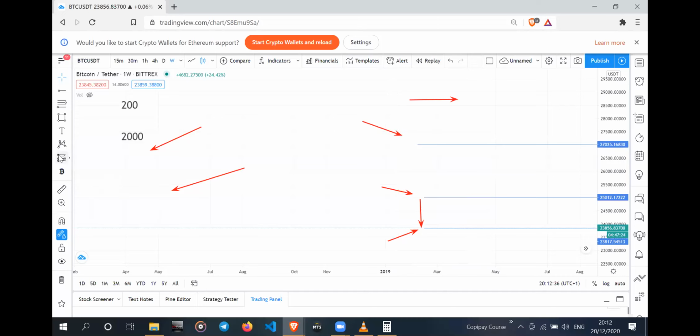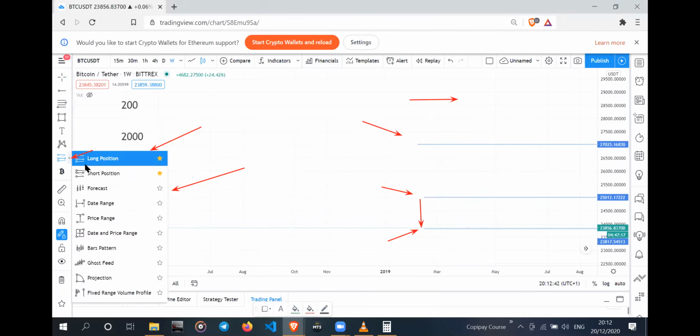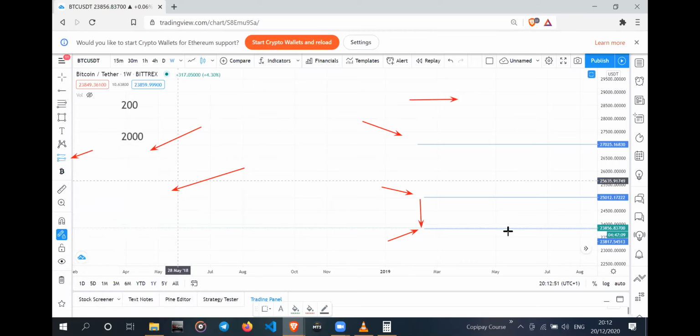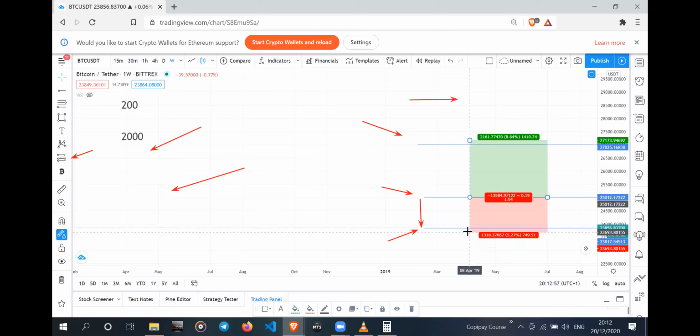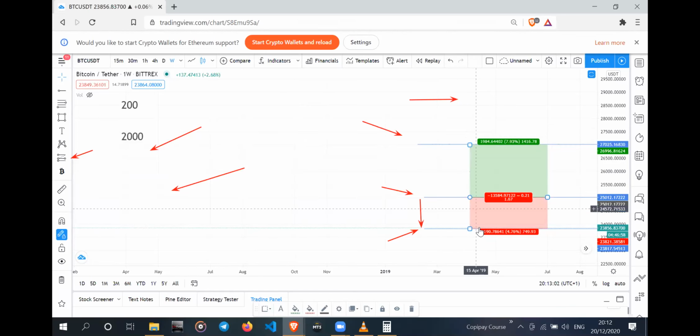TradingView makes it a lot easier by having the tool over here. You see this? That is the long or short position. If we're buying, we're going long, bullish. If you're selling, we're going bearish, down. So long position over here at 25K, stop loss at 24K, and then target at 27K.